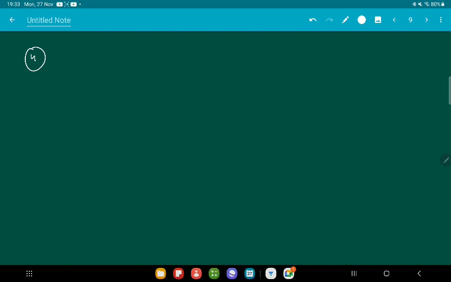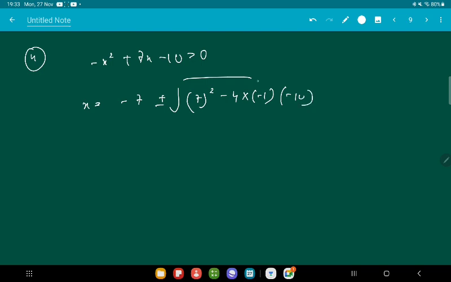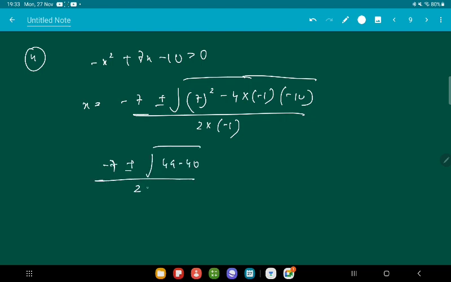The fourth question says minus x square plus 7x minus 10 equals 0. Okay, minus b here it will be minus 7 plus minus under root b square minus 4ac. So once you solve this, 2 into minus 1, 49 minus 40, 2 into minus 1, this will become minus 2 actually.